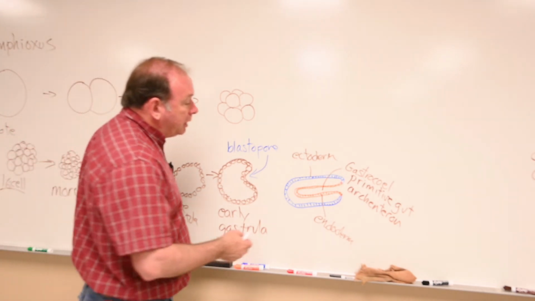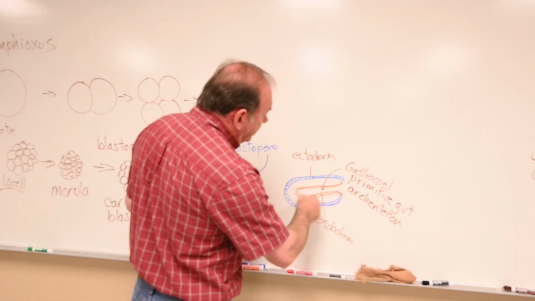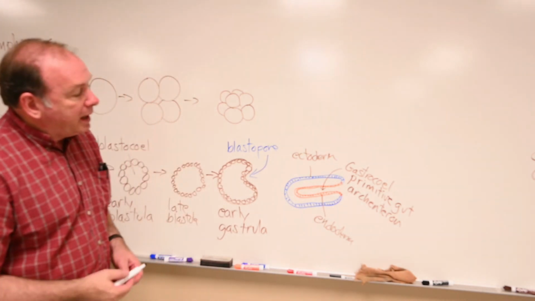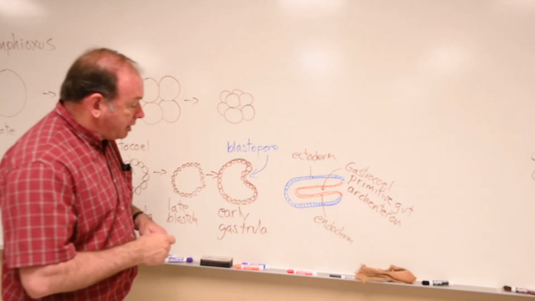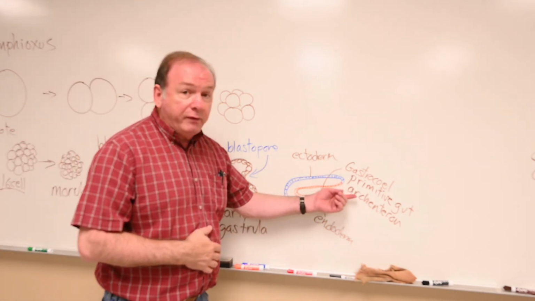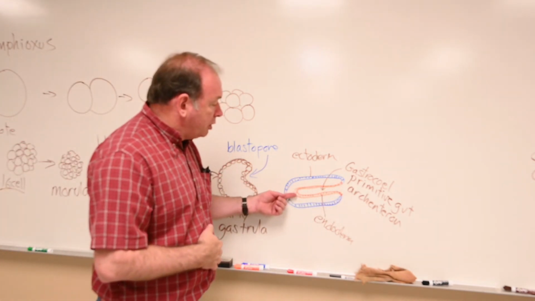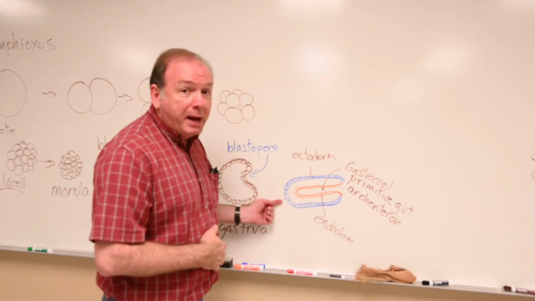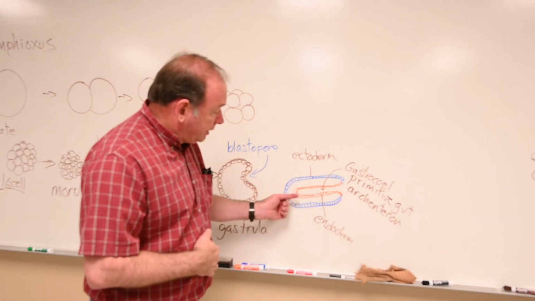All of those names apply to this same space right here that continues from the blastopore opening down through the embryo. Since this is a deuterostome organism, an Amphioxus, eventually that tube will go all the way to form a mouth at the opposite end over here.